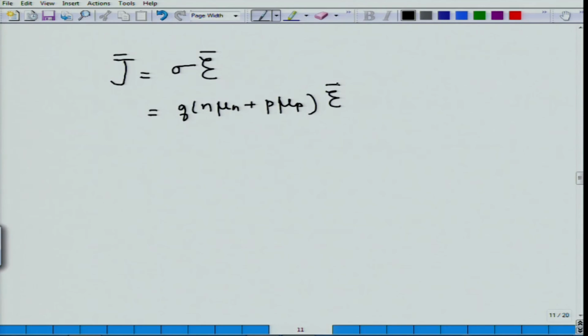This is the behavior of carriers in semiconductors and how we characterize them in terms of carrier mobility.